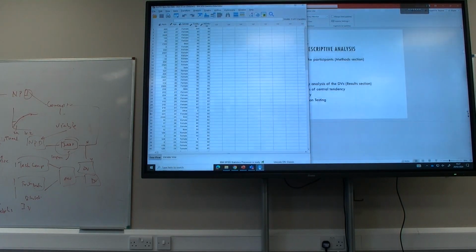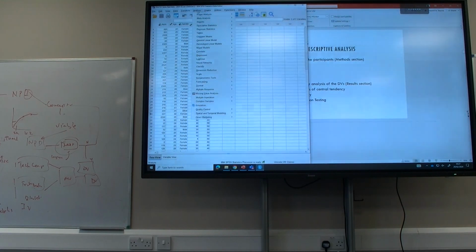So open your data set, and the variables that we want to check for outliers are all of our scale variables. So let's check age first, and then I'll ask you to check Coca-Cola and Asda Cola.